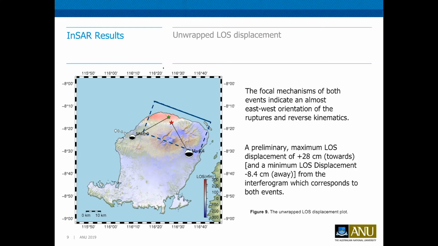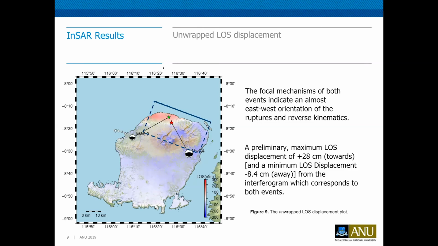The focal mechanisms of both events indicate almost east-west orientation of the ruptures and reverse kinematics. That's all I found currently.